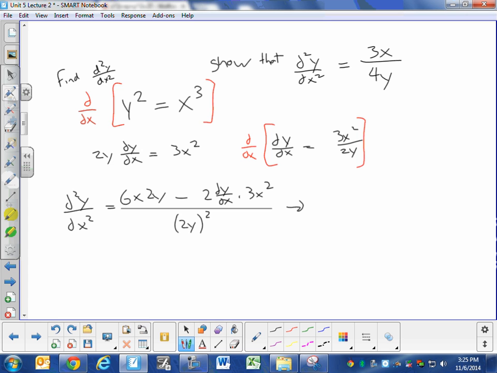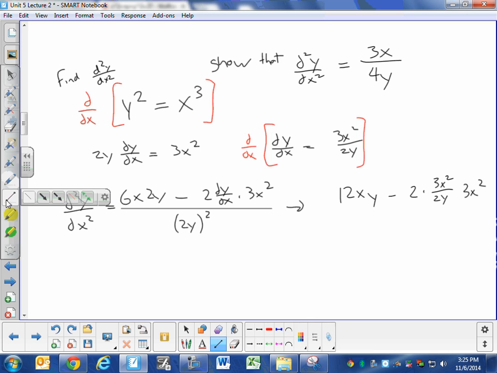Well, the first step everybody should at least do is to substitute in what dy dx is equal to. And maybe go ahead and multiply 6 and 2 together. And yes, you need to turn this into 3x over 4y.